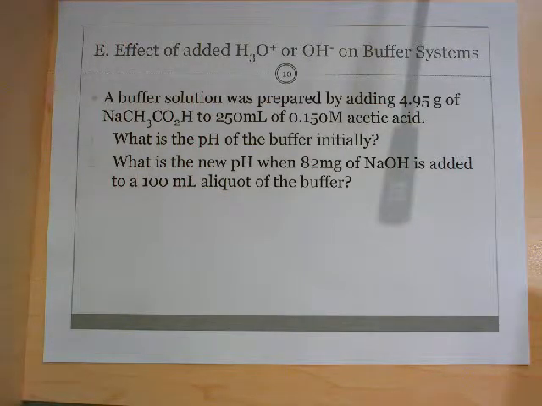They're in a table in chapter 15. There's an appendix also. It just depends. All the KAs and KBs are in the chapter in a little table, but they're also in the appendix.